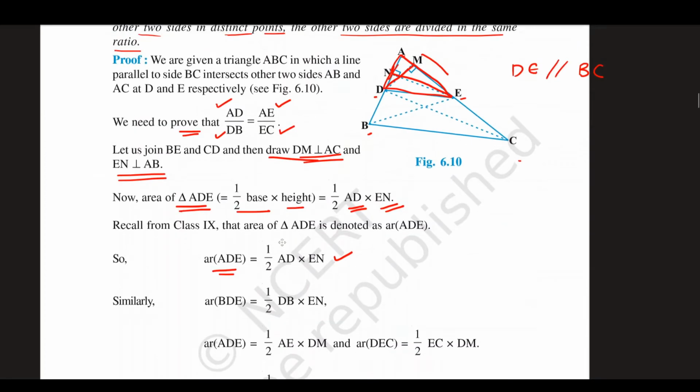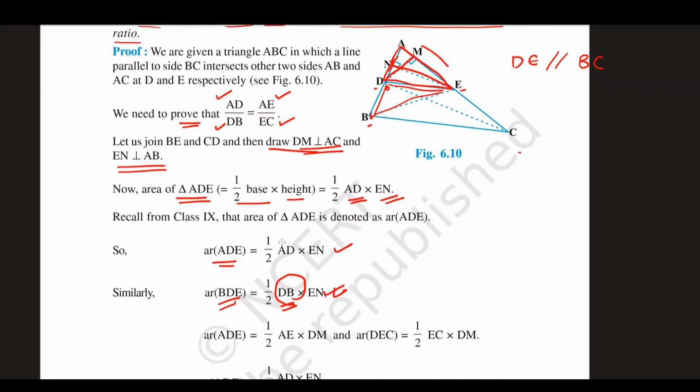Similarly, in the same way we can calculate the area of triangle BDE. In this triangle, the perpendicular is the same, but the base is changed to DB.